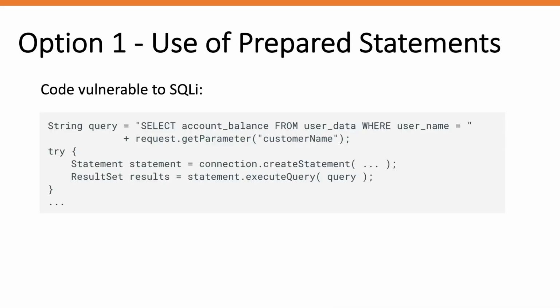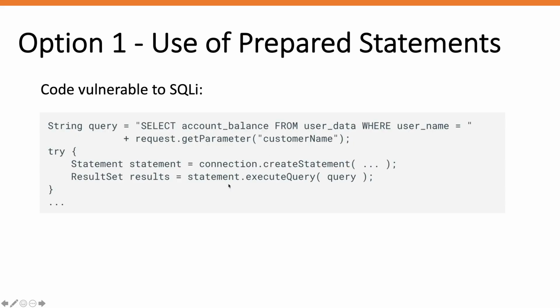Okay, so let's take an example first. So you've got a code block over here. The first one, which is query over here, has select the account balance from the user data table, where username is equal to request.getParameter customer name. So what this does is it takes user input, so user controlled input customer name, and it adds it directly to the query, and then it defines the structure.